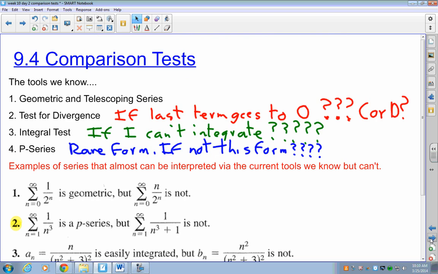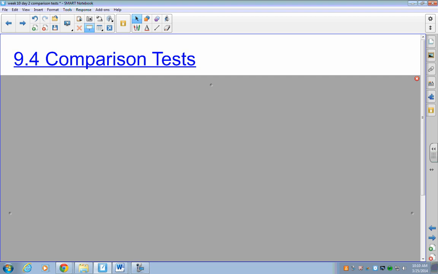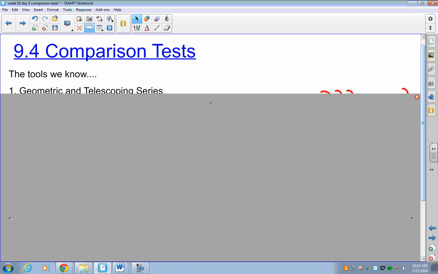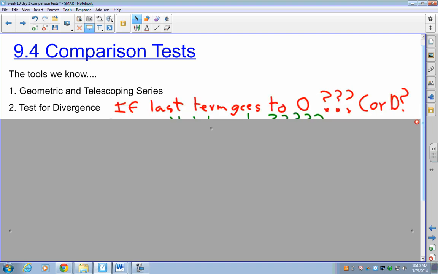So let's dive into our section for today, 9.4, comparison tests. Okay, here we go. There are two different types. As a little reminder, the tools you know so far: geometric and telescoping series.